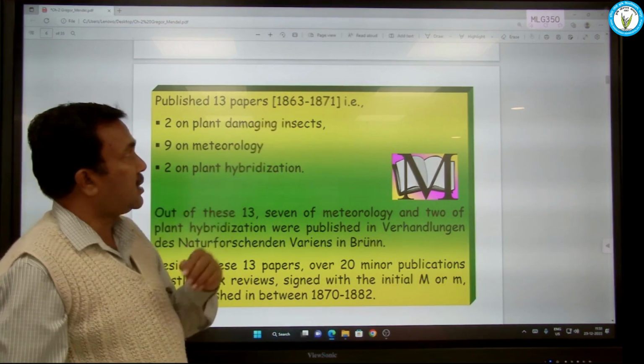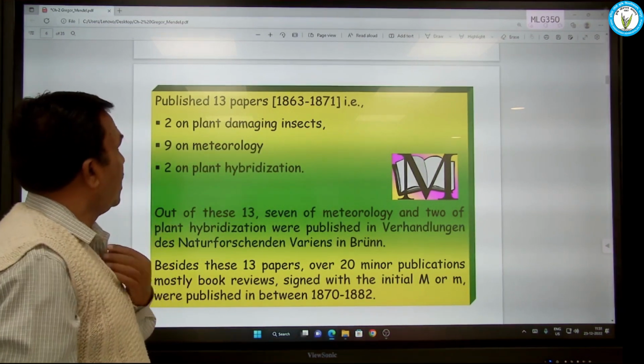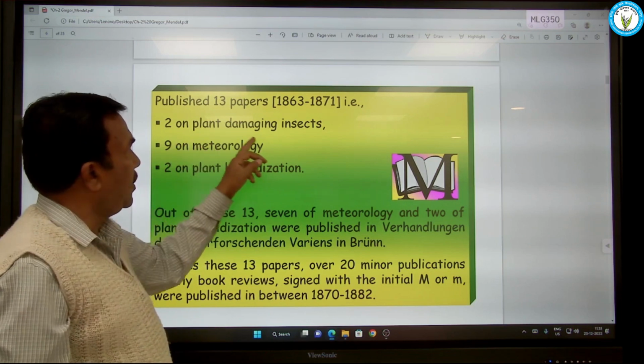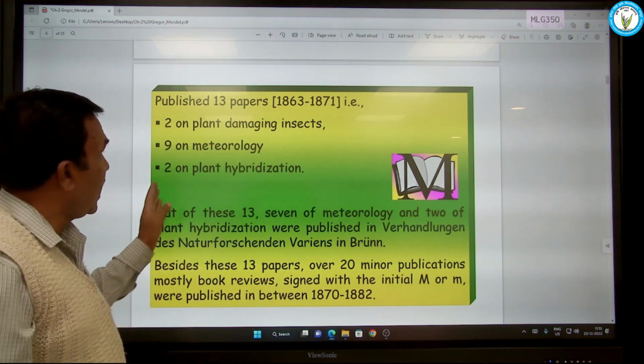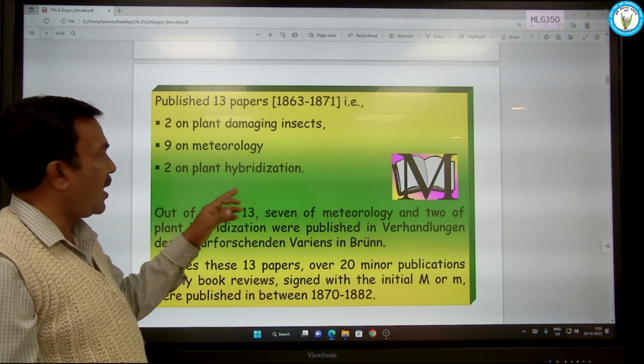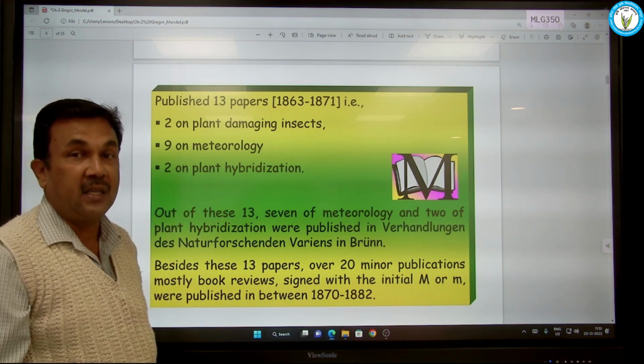From 1863 to 1871, he published 2 publications on plant-damaging insects, 9 papers on meteorology, and only 2 papers on plant hybridization, which were considered classical papers.